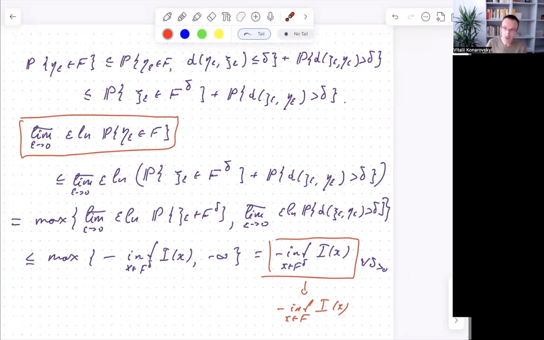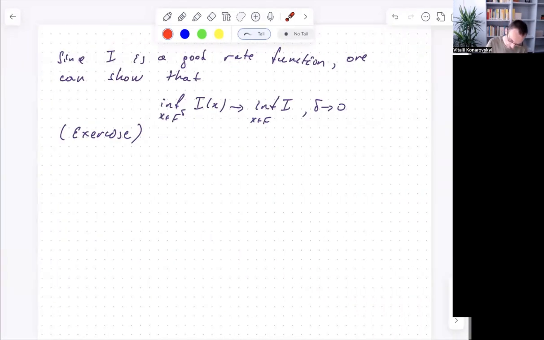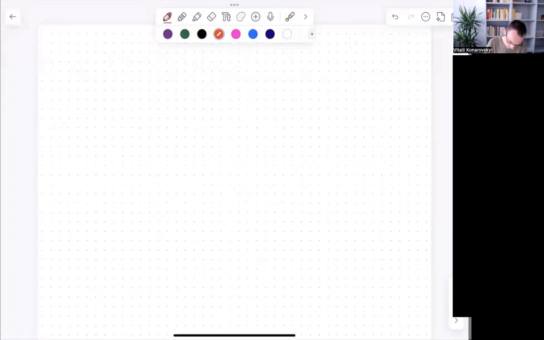Now, to show the lower bound, we need to proceed slightly differently.